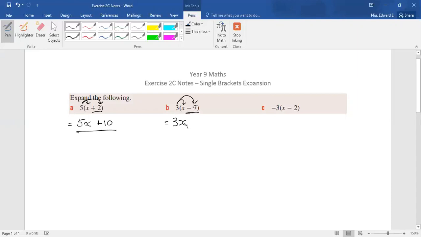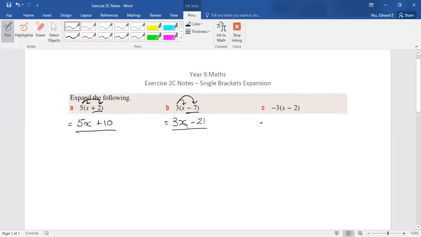So please don't forget the sign out in front, that is attached to the second term. So 3 times -7, if you're unsure, put it in your calculator. You will get -21. That's 3 times -7. Once again, no like terms. That's our final answer.